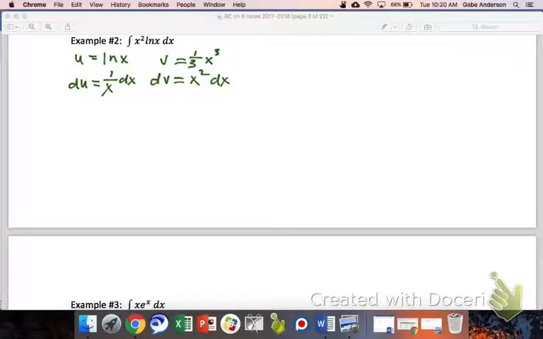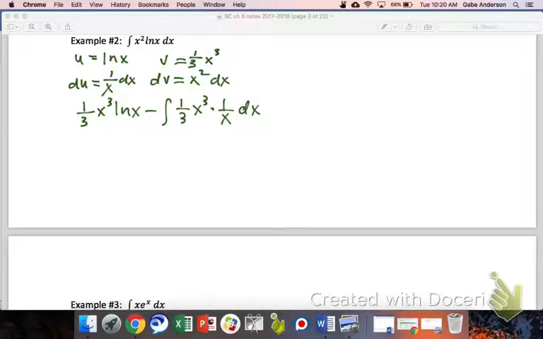Okay, anyways, back to this. So once you set this up right, it comes down to doing the whole ultraviolet voodoo. Don't forget that voodoo is bad, so it's negative. And so we would just say uv, I'll probably write it in the other order here, 1/3 x cubed ln of x minus the integral of voodoo. So that would be 1/3 x cubed times 1 over x dx.